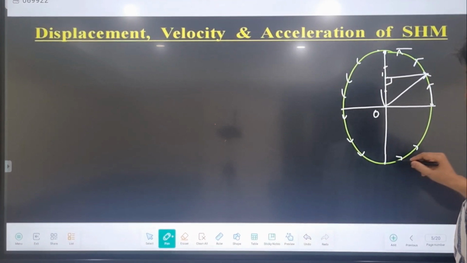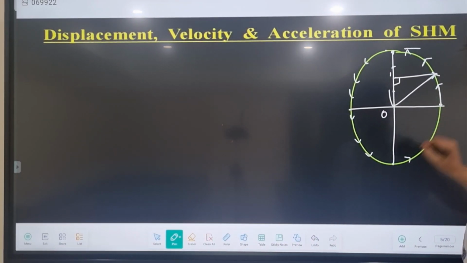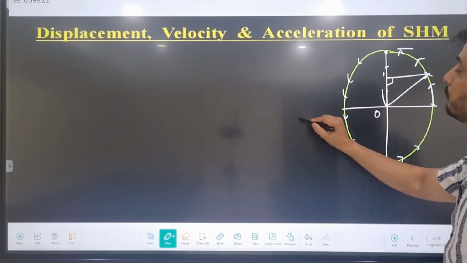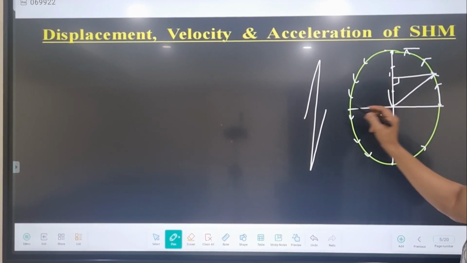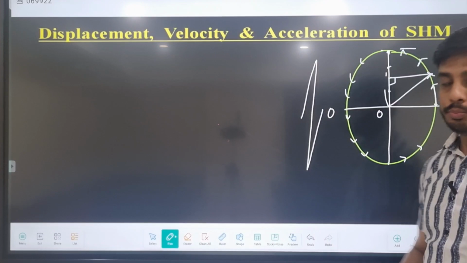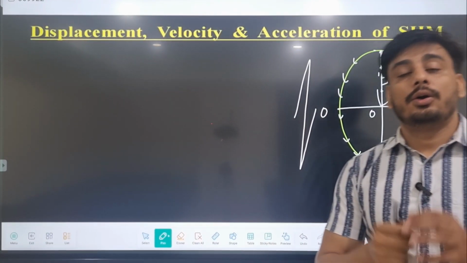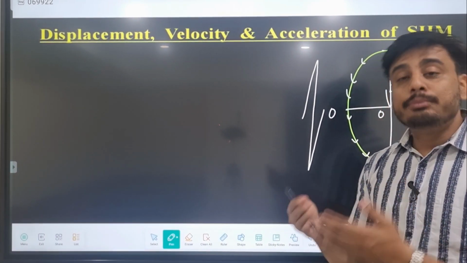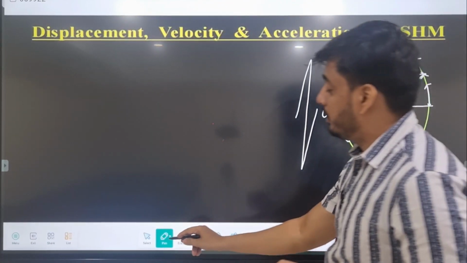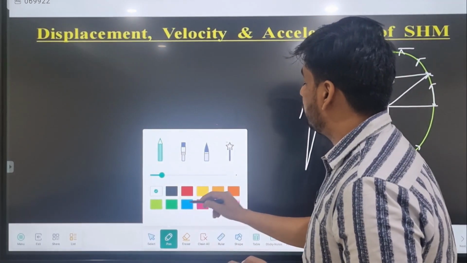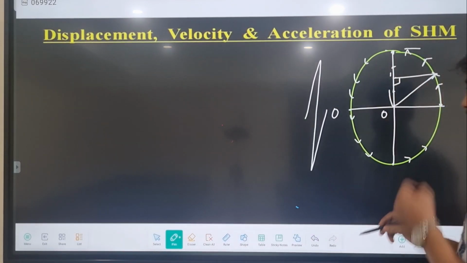When the particle completes this quadrant, the particle again moves. So the foot of the perpendicular is moving like this, to and fro motion about the point O. So the foot of the perpendicular always executes simple harmonic motion. So from here you can calculate the expression for displacement. Then we can go to the velocity as well as acceleration.